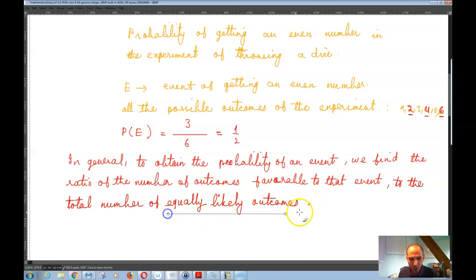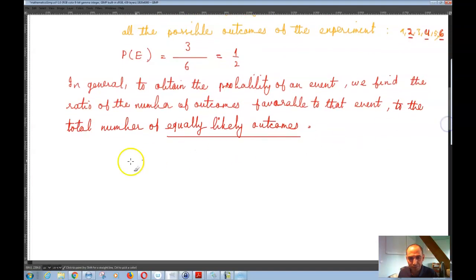So what the equally likely outcomes here mean, which we didn't understand back there, is this. In general, to obtain the probability of an event, we find the ratio of the number of outcomes favorable to that event.